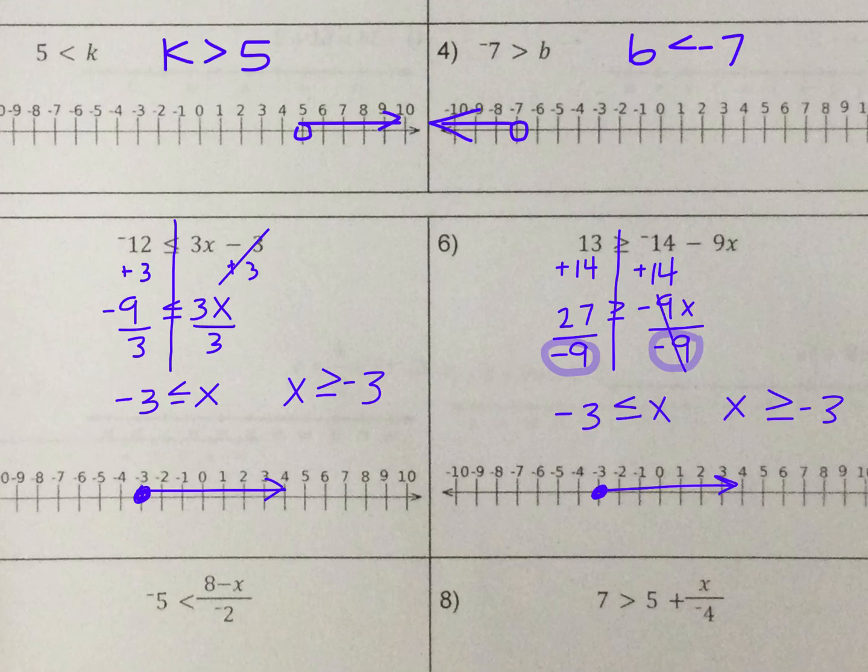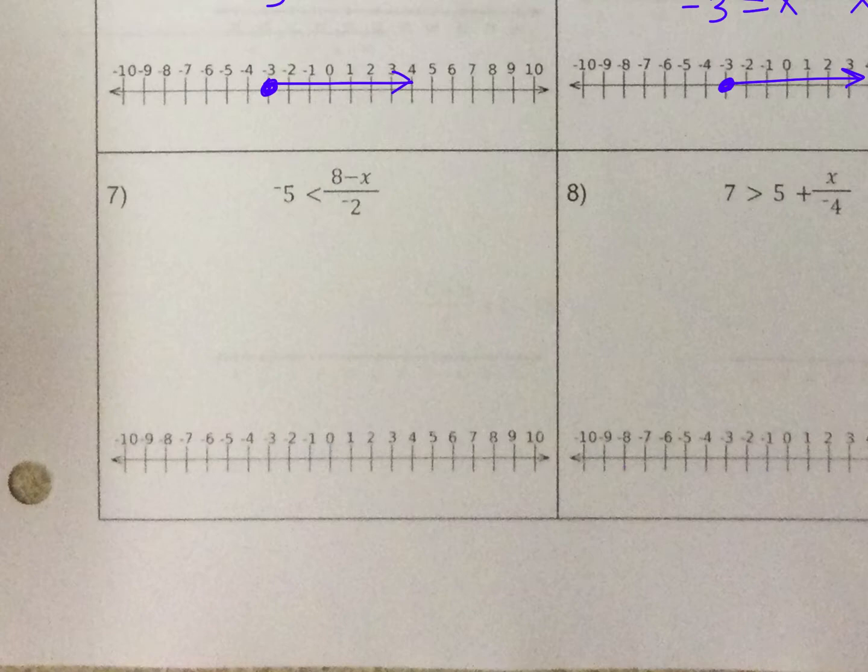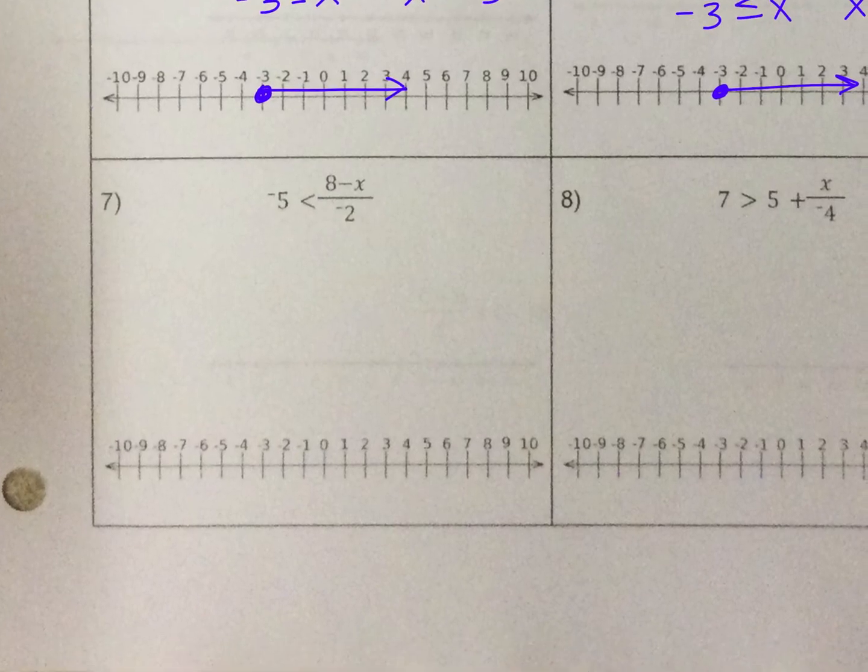Let's look at number 7. All right, the first step in solving this is to get that -2 moved. It's being divided, so I'm going to multiply. All right, so I just multiplied by a -2, which means I have to flip my sign. -2 times 5 is 10.